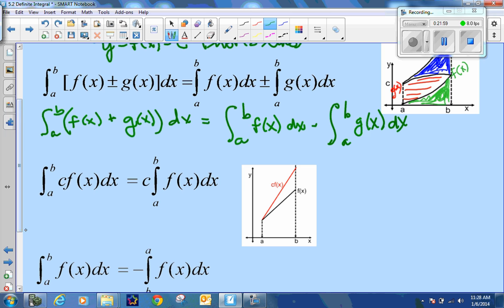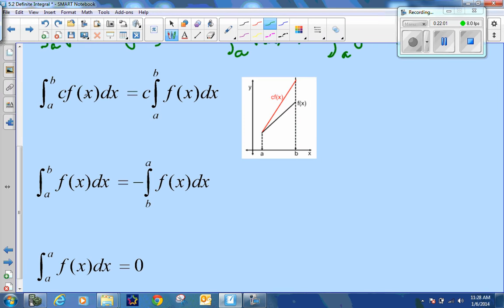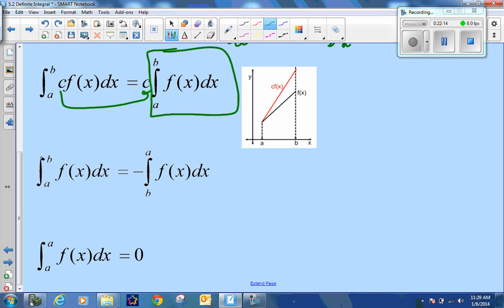Okay, this one is c times your f of x. Again, it's like your limit. You can pull that out and then do your integral separately. This is from a to b, but notice now we switched it around so we would negate it. And this is from a to a, which means we're not moving, so there's no integral, there's no value. We're just stuck there at a.